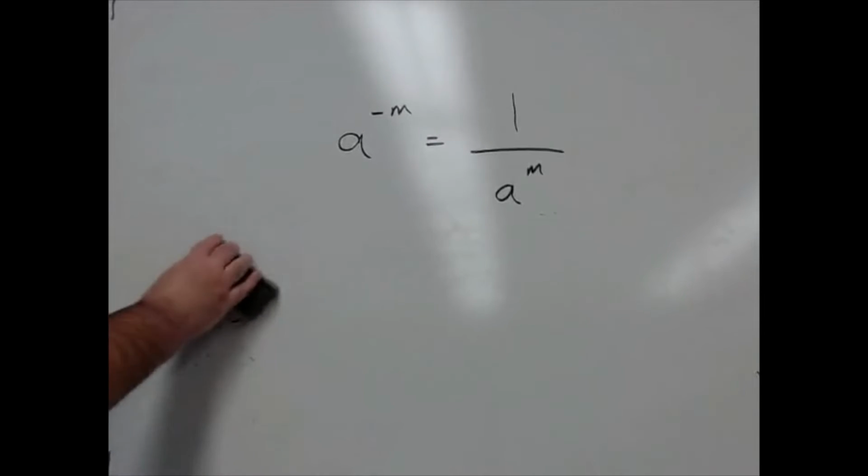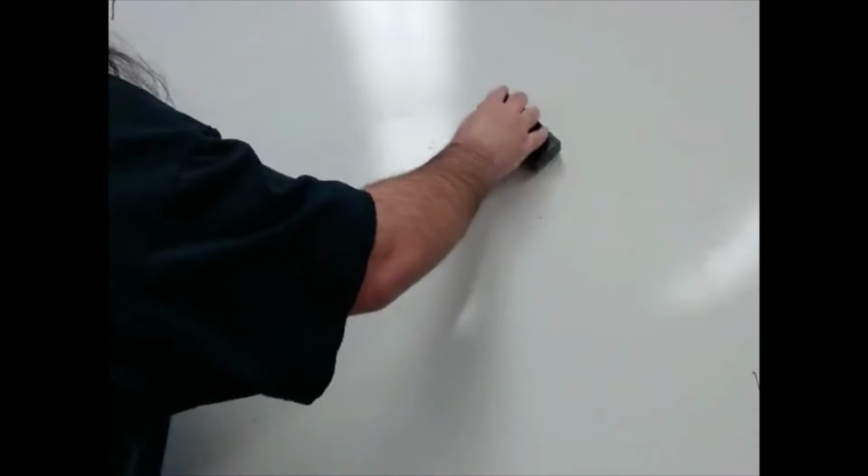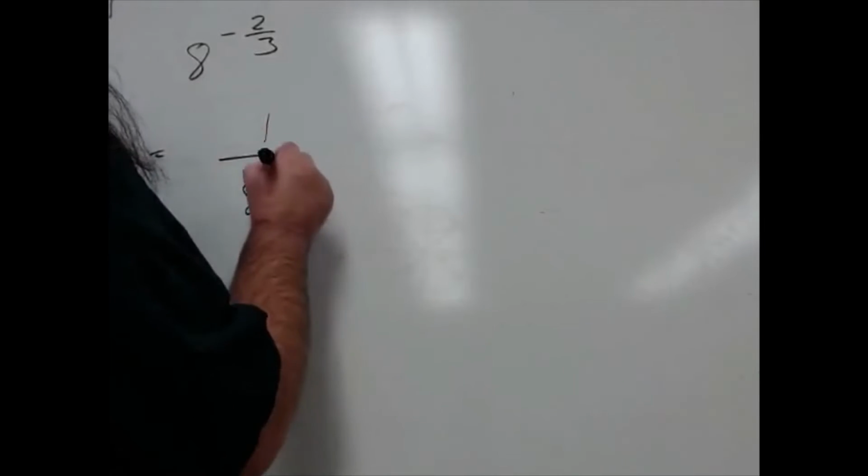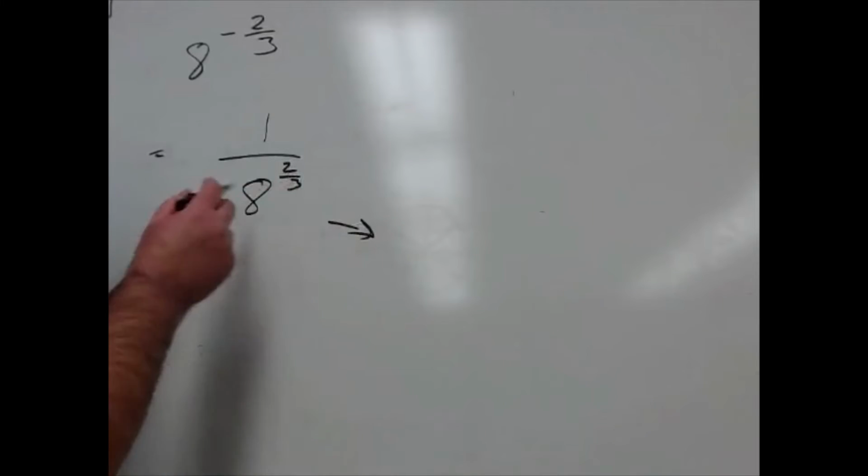Okay. How about if my exponent, instead of being a nice number like that, is a fraction? So let's say I have 8 to the -2/3. Well, the same property holds, so this should become 1 over 8 to the 2/3. And then all I need to do is evaluate what this is here in my denominator. So 8 to the 2/3, remembering back to the last section, a fractional exponent represents a radical.